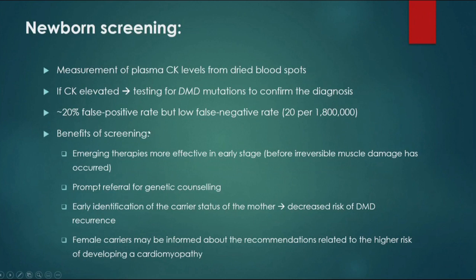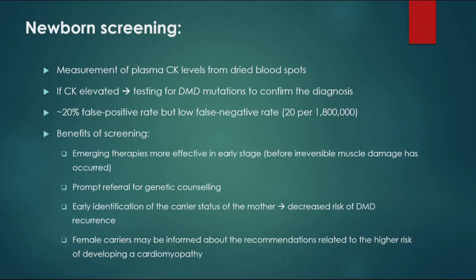Benefits of screening include emerging therapies; we know that the emerging therapies are more effective in early stage. So the benefit of screening is definitely there. And prompt referral for genetic counseling can be done if we know the diagnosis.